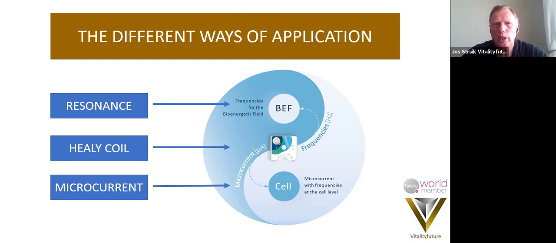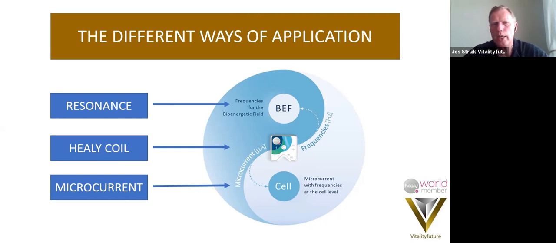So the next level above the microcurrent is that we send currents into the body that will touch the cells, but also the existing energy field or information field. And then we have the third level, the resonance level, based on the scalar waves where there is no time and place. And we touch the highest level of information, of intention, of feelings.